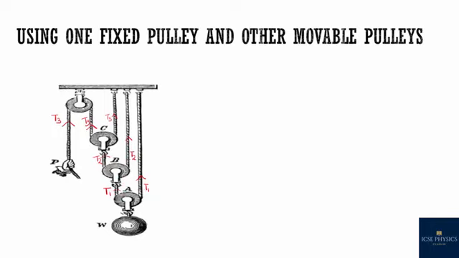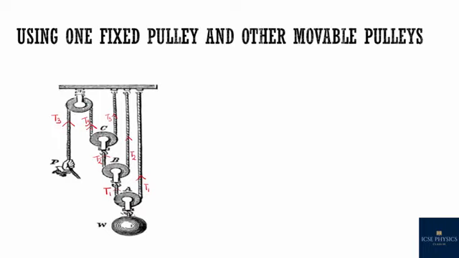Here T2 force acts and another tensional force acts, T2, the same, because the same side balances this pulley. Now this pulley is balanced by T3 forces which act on either side.